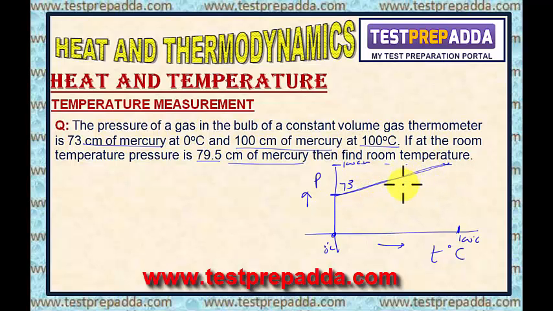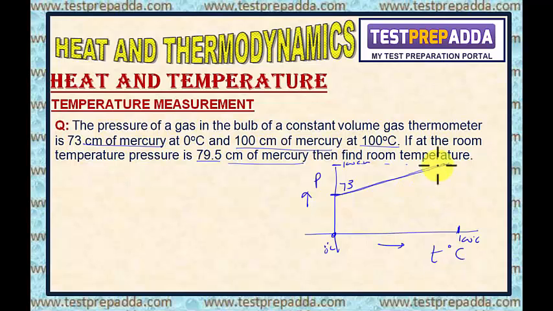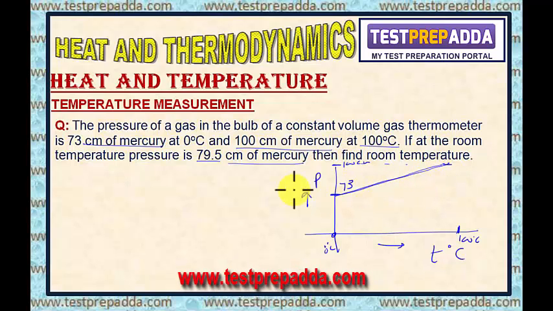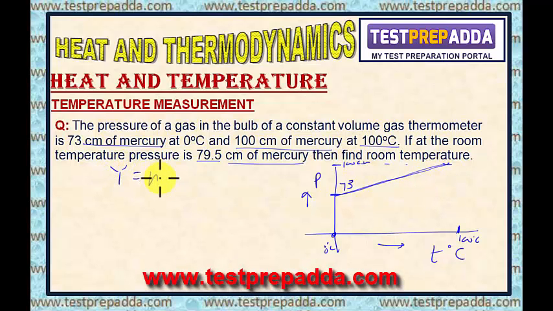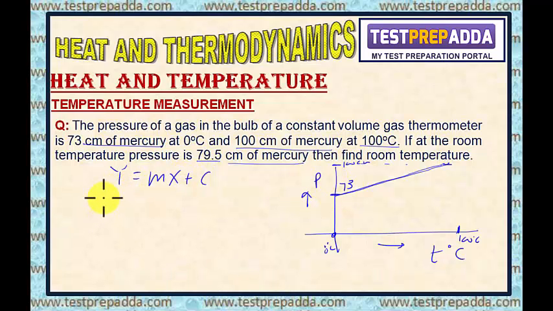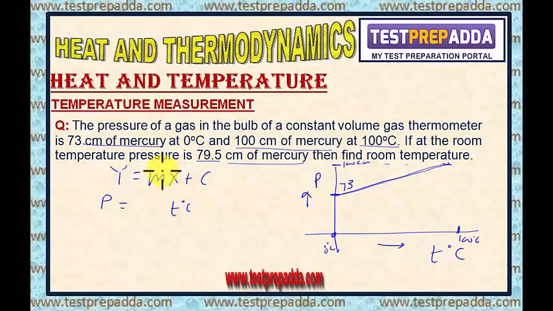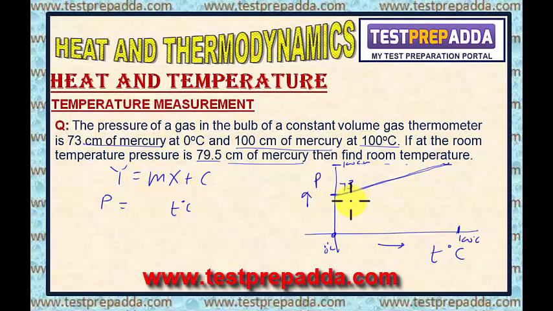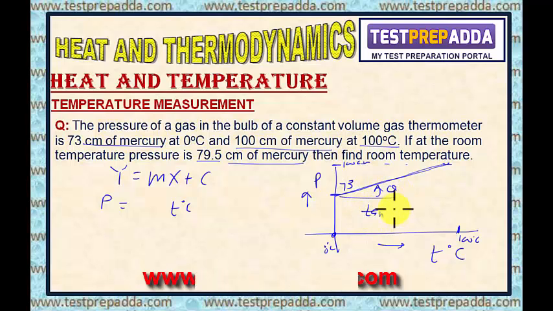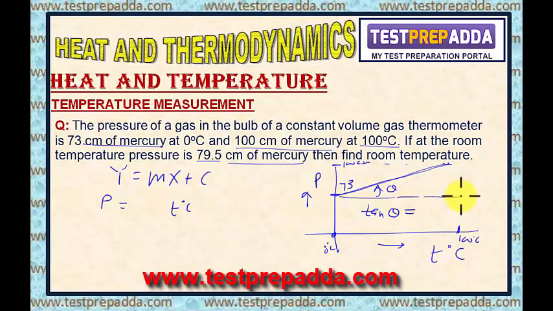Now for this straight line I can write the equation using y is equal to mx plus c. Here y I will write as P because it is the y-axis, and x I will write as T, temperature in degrees Celsius, into m. m is the slope. How do we find slope? If I say this angle is theta, then tan theta will be what? This length upon this length.